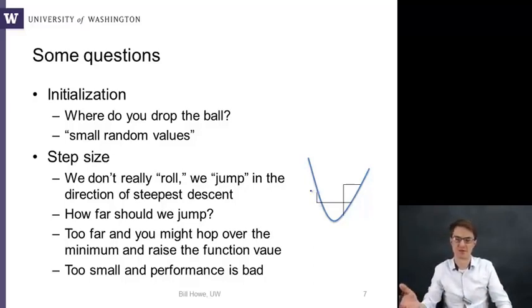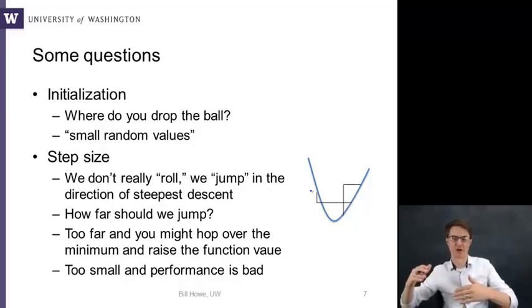Some of the methods to decide this learning rate will adapt based on how much of a difference in the error you've gotten. So if you're rolling on a relatively flat stretch, you might take a bigger jump, while if you're going through a steep stretch, you might take a smaller step, in order to keep approximately constant the amount of gain you get in the error.